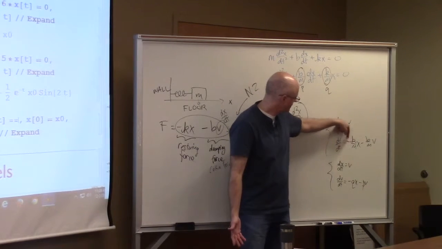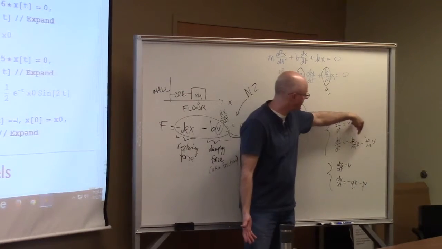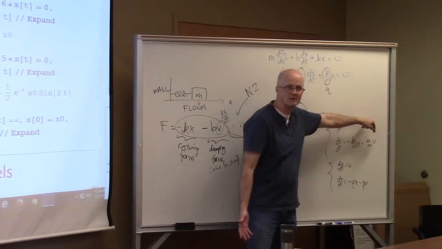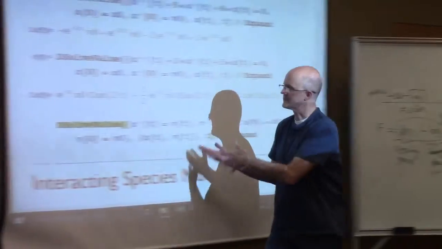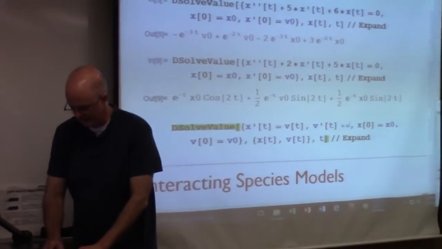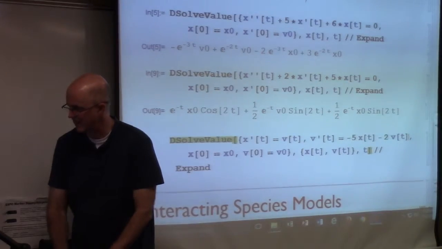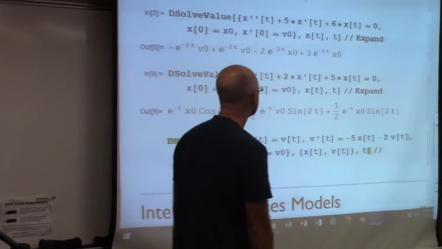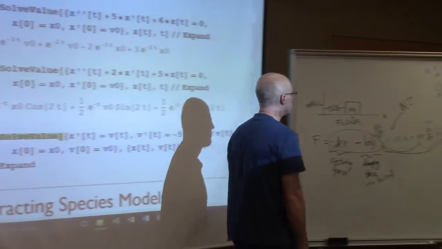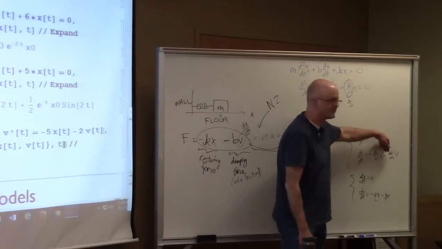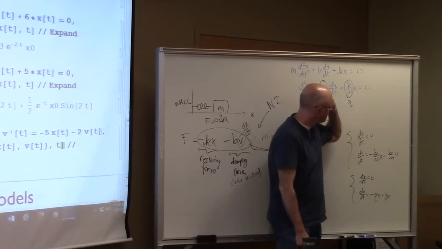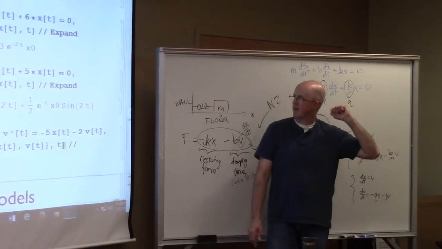So I'm going to replace this by negative 5x minus 2v for this example. Negative 5x of t in Mathematica minus 2v of t in Mathematica. You need to put the t's in there in Mathematica. Don't put the t's in there by hand. There's a good reason for that. Do put them in there in Mathematica.